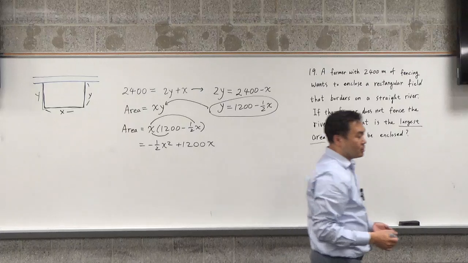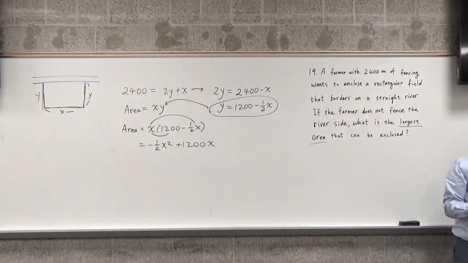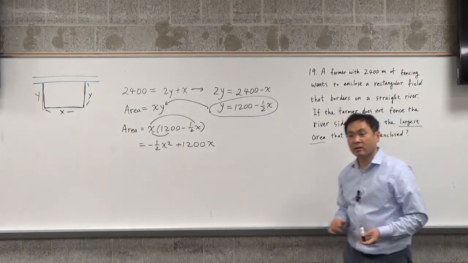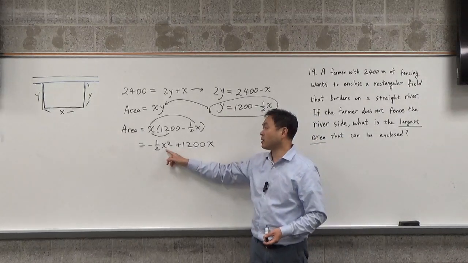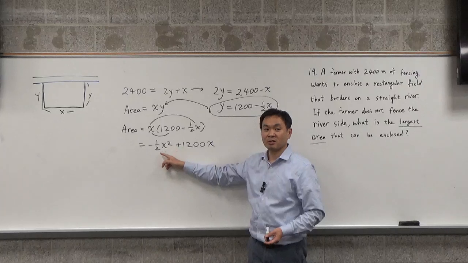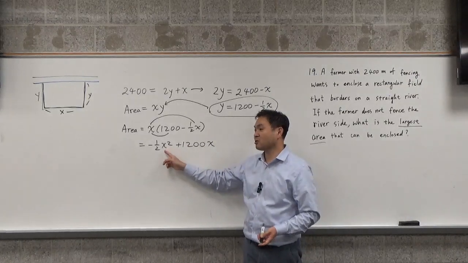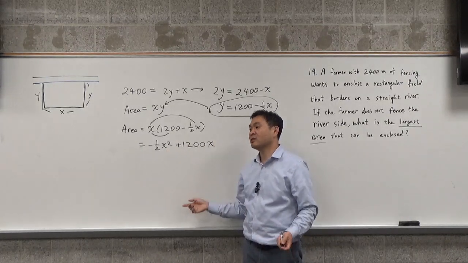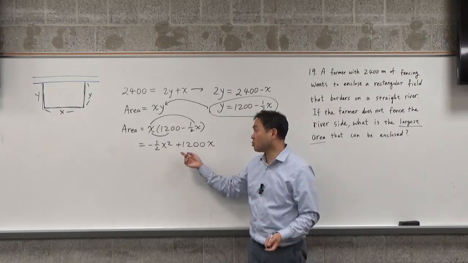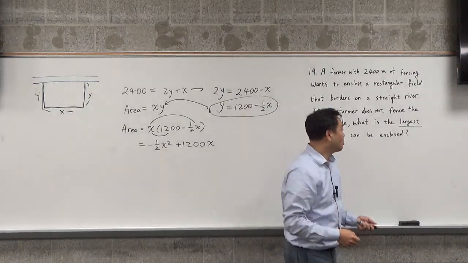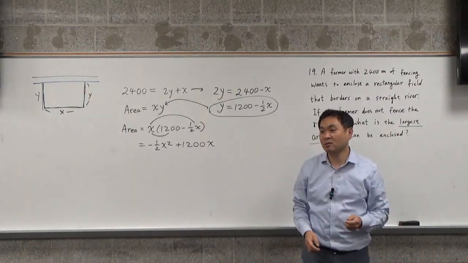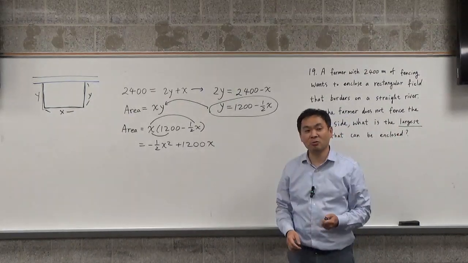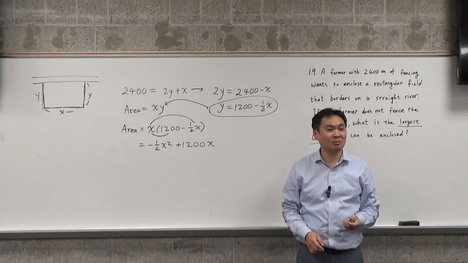Okay. So we've expressed area as a, what kind of function is this? A polynomial whose highest term is x squared is called a quadratic function. Okay, so this is a quadratic function. And what's being asked? I want the largest area. Oh, so this is a quadratic function problem, finding the maximum.